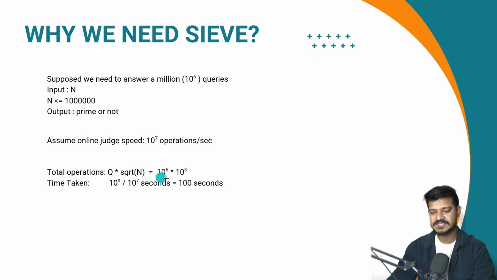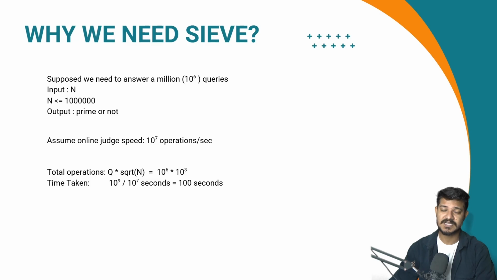As there are 10^6 queries and each query is going to take in the worst case 10^3 operations, because we are going to solve it in square root of n time, square root of n is 10^3, so the total number of operations will be 10^9. And the speed of execution is 10^7 operations per second, so the total time is 10^9 divided by 10^7, that is 100 seconds.